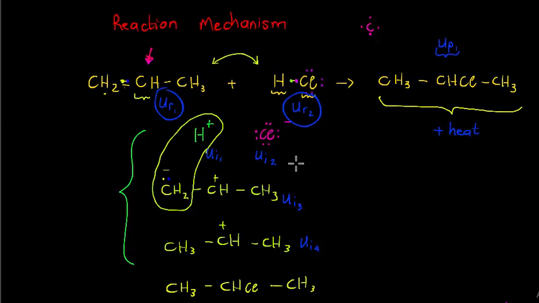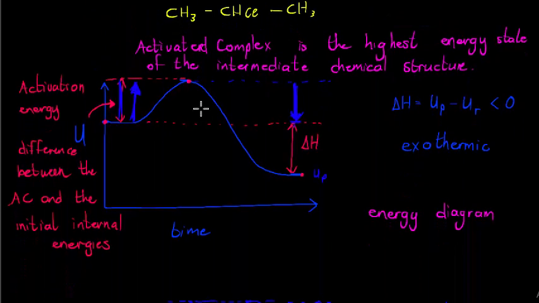I don't know what catalyst we can use in this case off the top of my head, but whatever catalyst we use, the intermediate molecule, let's call it the IM, will have a lower potential energy than these intermediate molecules. What that means is that my activated complex won't be as high. So in other words, it will still look the same, but my activated complex won't look as high as that.